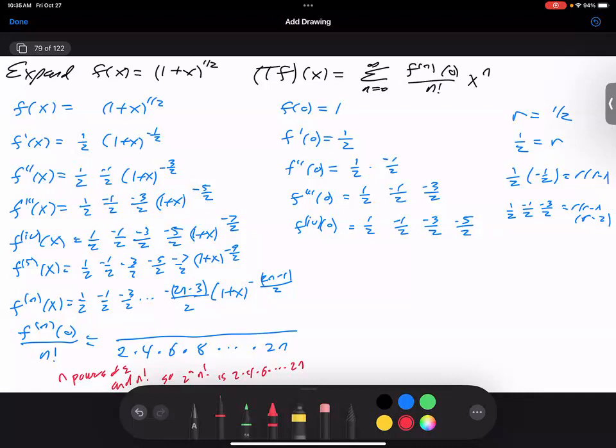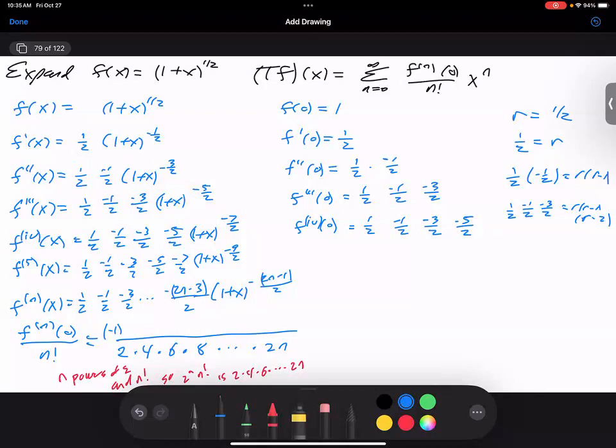If you look at upstairs, I've got some number of negative 1s. So how many negative 1s do I have? Well, I need to do it in terms of n. When n equals 2, how many negative 1s do I have? When n equals 3, how many do I have? When n equals 4, how many do I have?